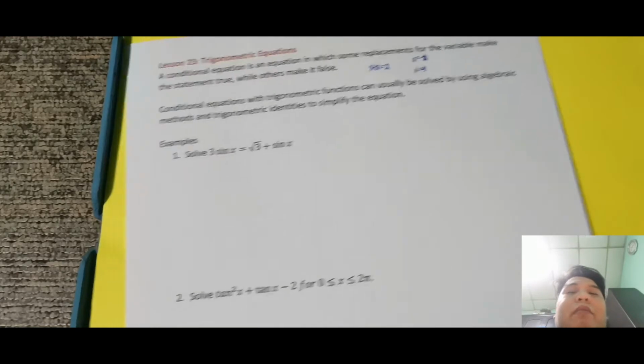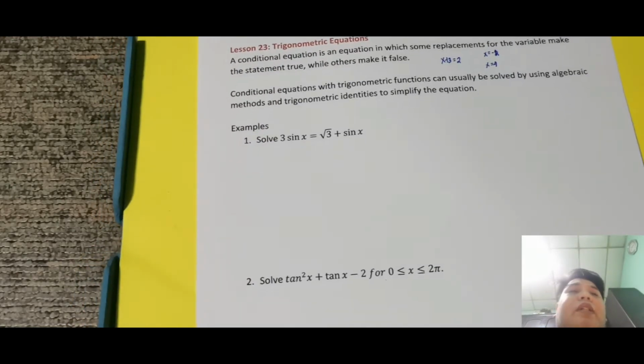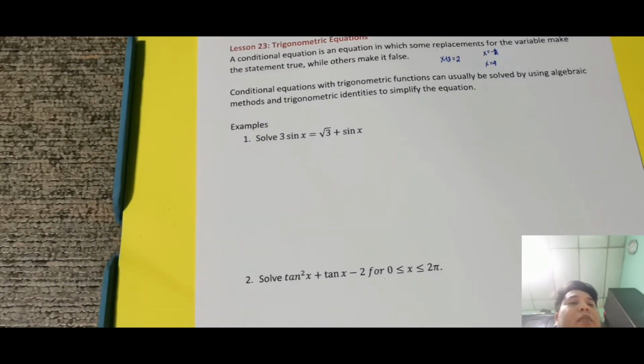Okay, so examples. Number 1, solve 3 sin x is equal to square root of 3 plus sin x. So we need to find the value of x na kung saan magto-true yung ating conditional equation. Una, i-treat natin siya as algebra. Meaning, kung meron kang nakitang sin x, i-treat mo siya as parang variable lang.